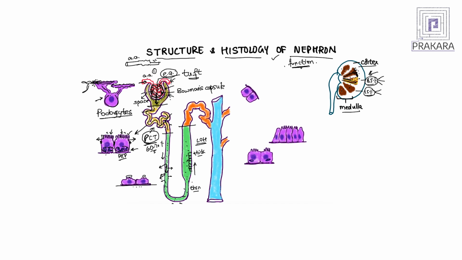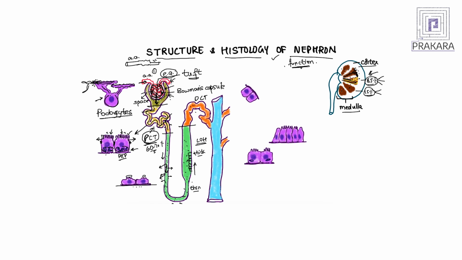The loop of Henle will lead to another convoluted part called the distal convoluted tubule. So this is the proximal convoluted tubule shown in yellow and this is the distal convoluted tubule shown in orange color.